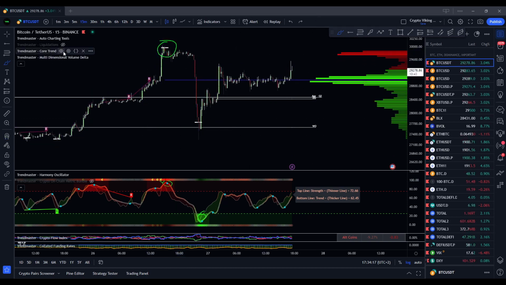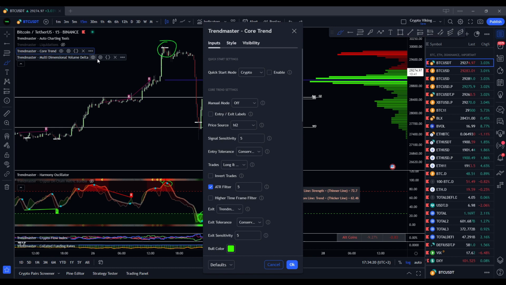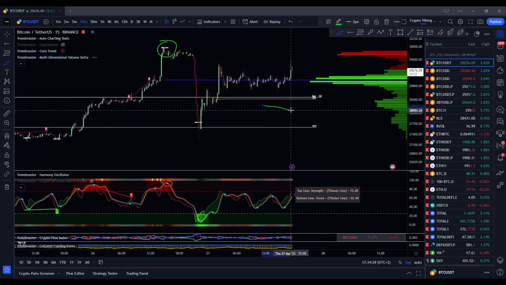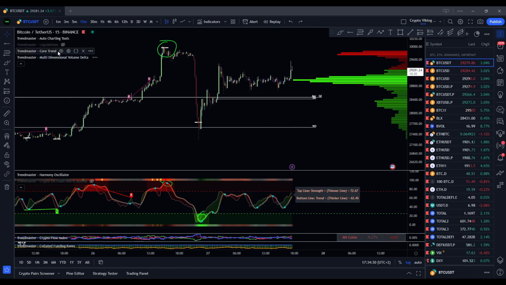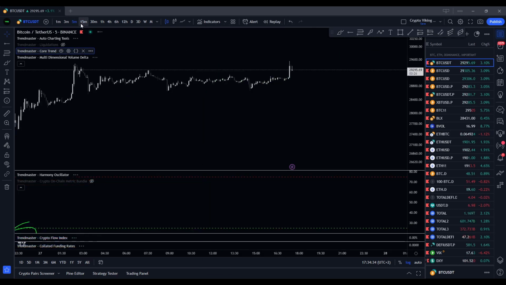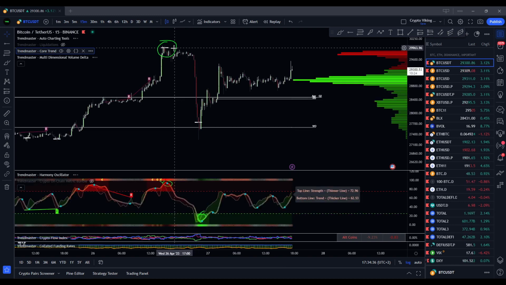You got the volume. This thing keeps breaking. What is going on? Did I change something? And then core trend just broke on me. God. Sometimes I don't have enough processing power and stuff breaks on me.